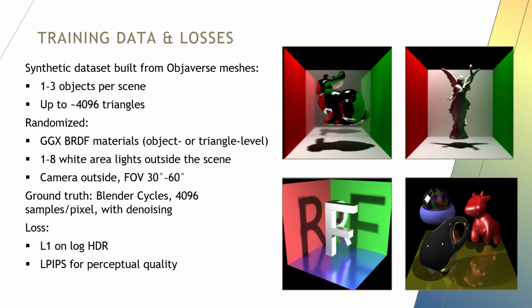LPIPS is a learned metric that compares images in a deep feature space. It correlates better with human perception than simple pixel-wise losses like L2 or PSNR, and is widely used as a perceptual loss in image generation.